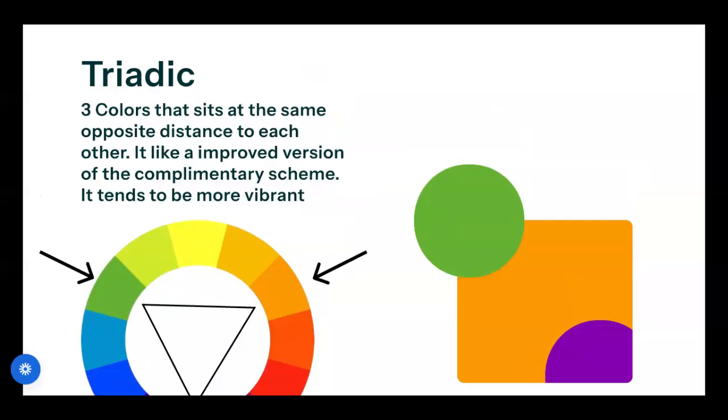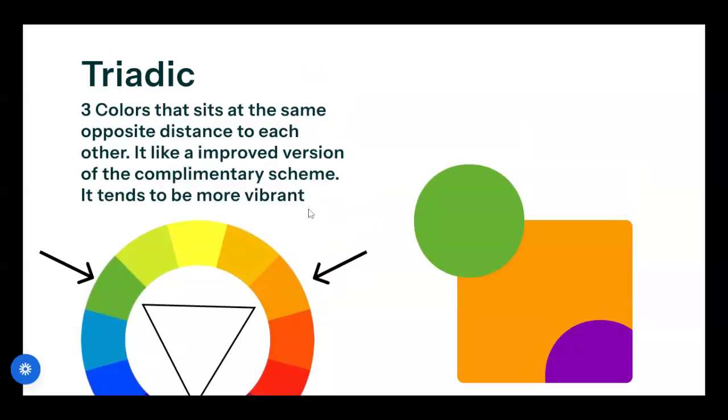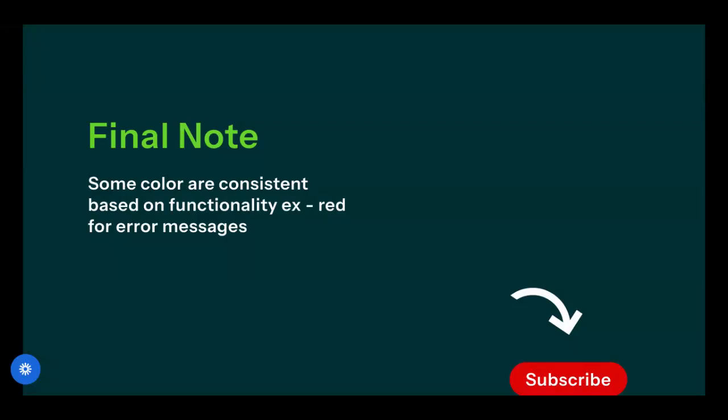So this creates three colors that are complementary to each other. However, you want to be careful when using a triadic color scheme because you need to make one the prominent color, and then make the rest the secondary colors. Now, these four color schemes will guide you in picking the right color for your project.